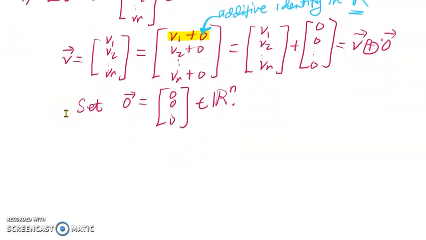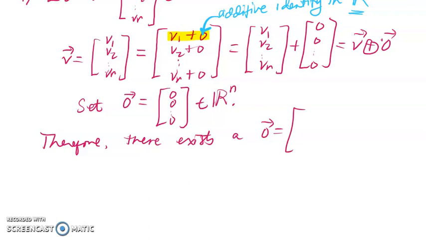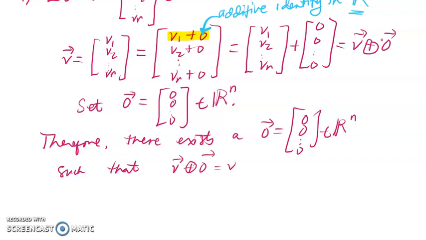Therefore, there exists a 0, particularly this vector in Rn, such that vector v plus the 0 vector is equal to v for any vector v in the set of Rn.